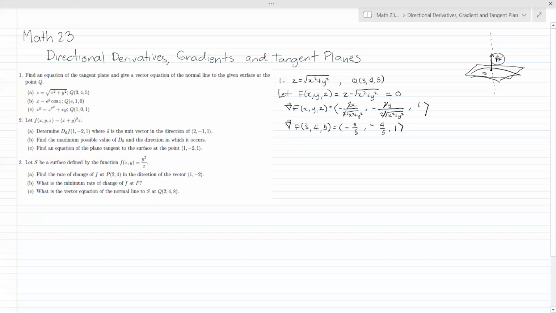So, given this and the point Q, kaya na nating mabigay yung equation of the tangent plane.